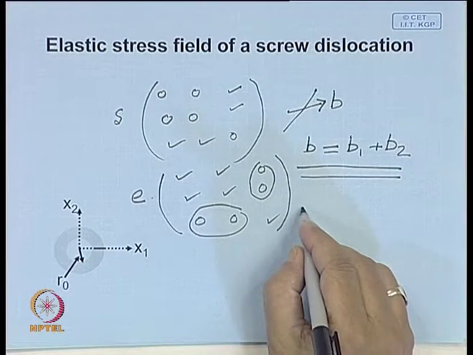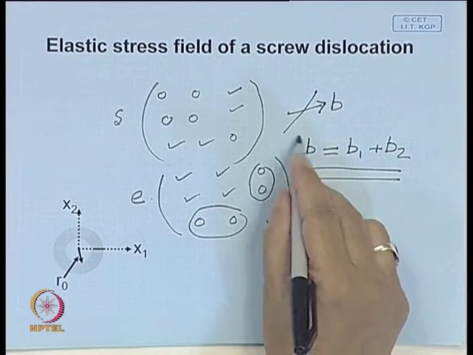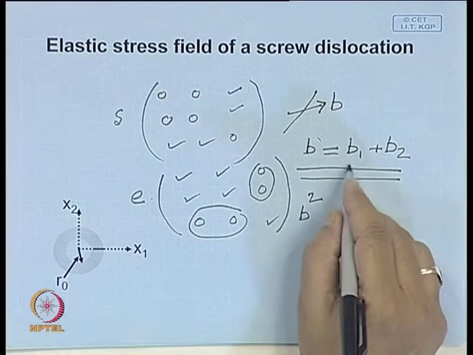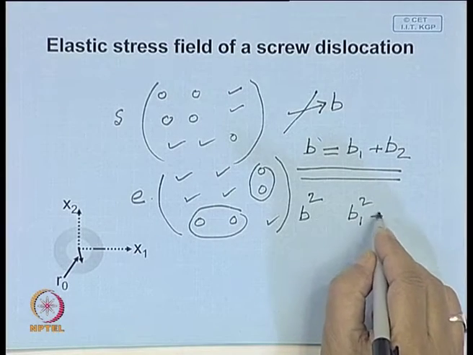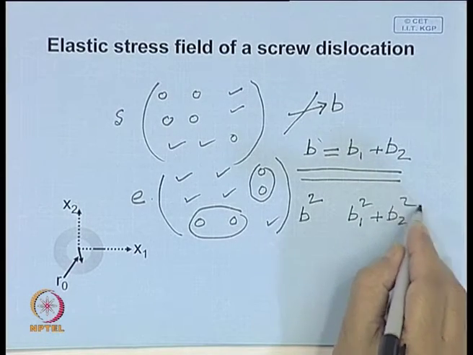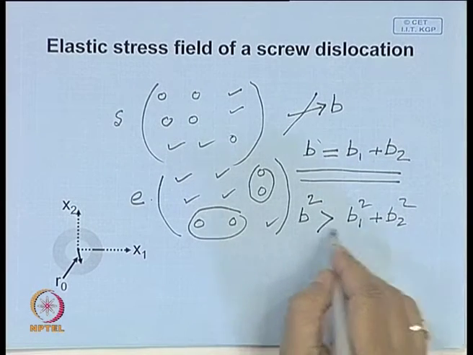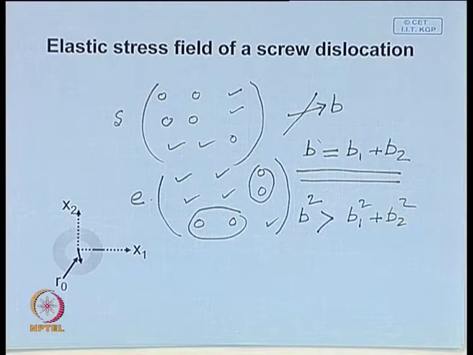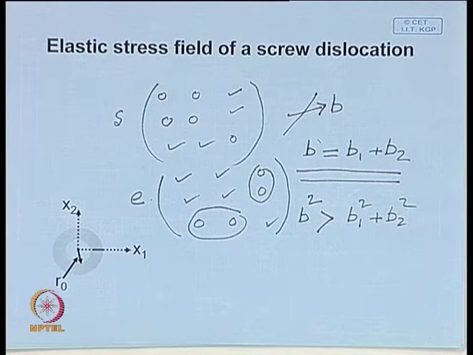What we do is check b square, which roughly gives us the energy of this dislocation, and the product dislocation energy, b1 square plus b2 square. If there is a reduction in energy, that is, if b square is greater than this, then the reaction will be favorable, and we will often use this concept to explain dislocation interaction.